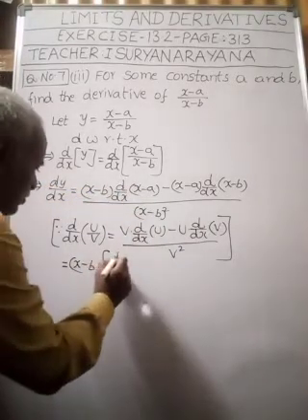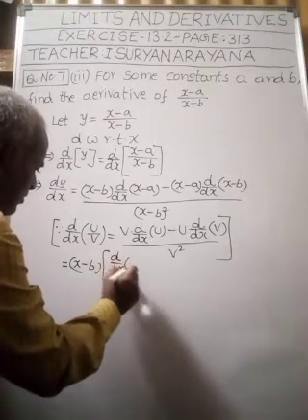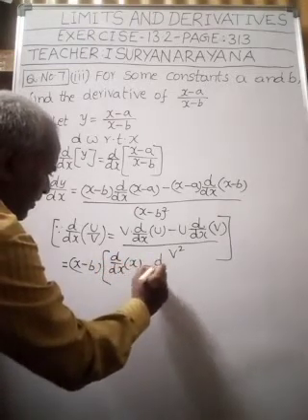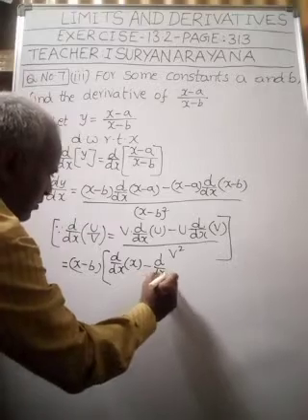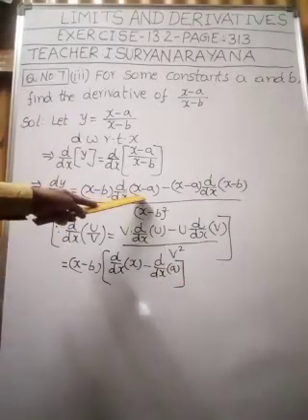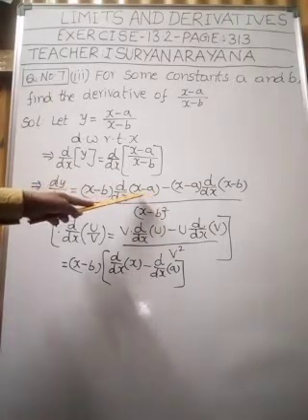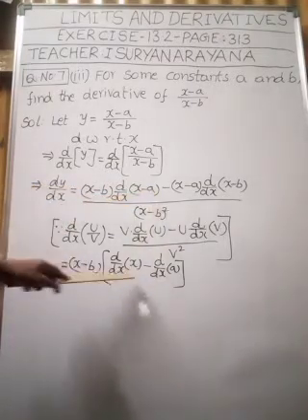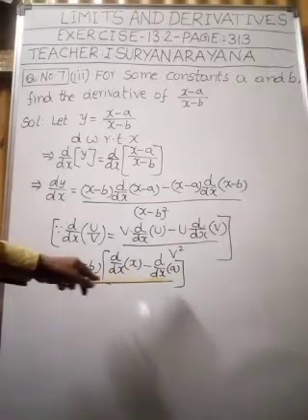Okay, my children? So d by dx of x minus d by dx of a. Here there are two terms, namely x minus a. So for these two terms, we are finding the derivatives separately. Understood this part, my children?